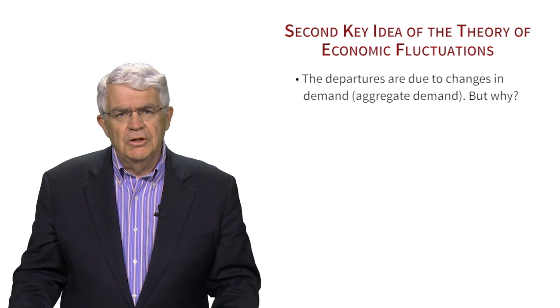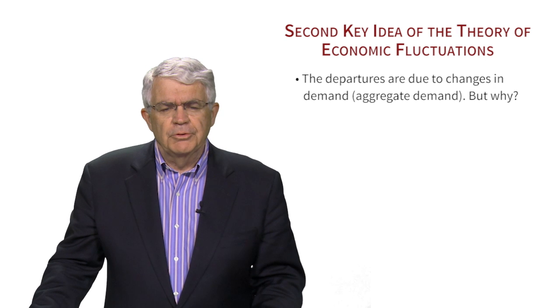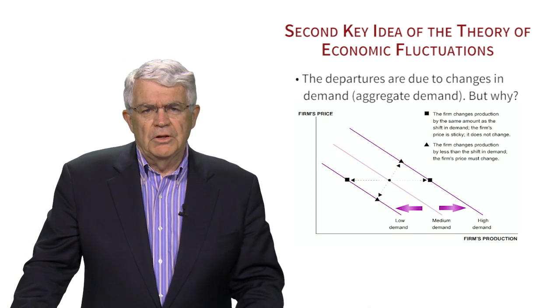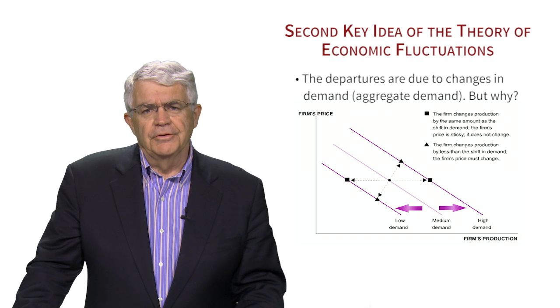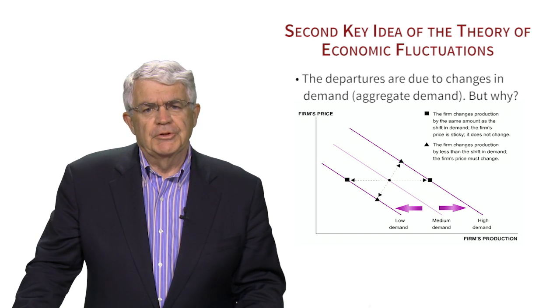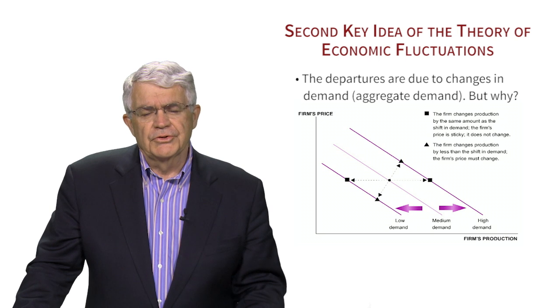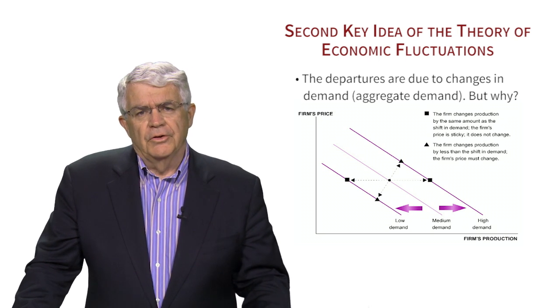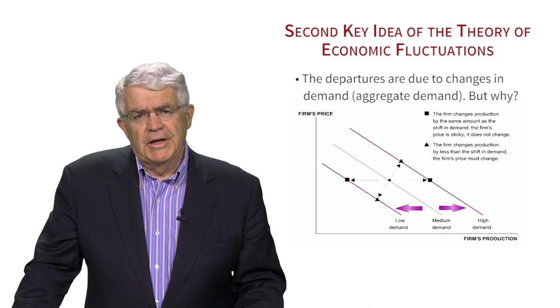Why does this occur? Well, think about the simple microeconomic model of supply and demand. This is a picture of a demand curve for an individual firm, with the firm's production on the horizontal axis and the firm's price on the vertical axis, a downward sloping line that could just be a demand curve. The one in the middle could be the normal demand curve for this firm.